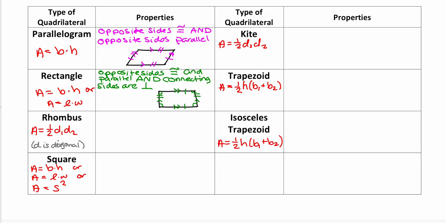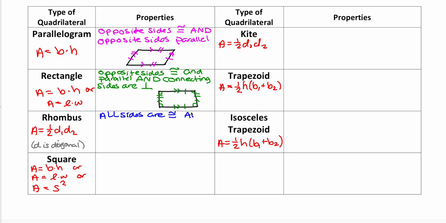A rhombus is our next one. A rhombus is where all sides are congruent, not just two, not just opposite, but all four sides.